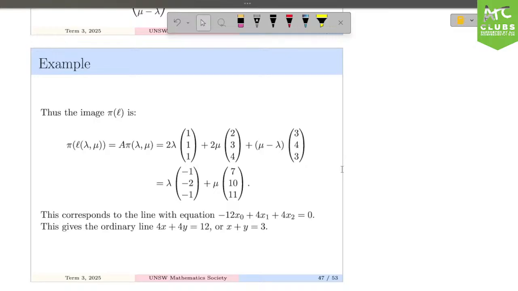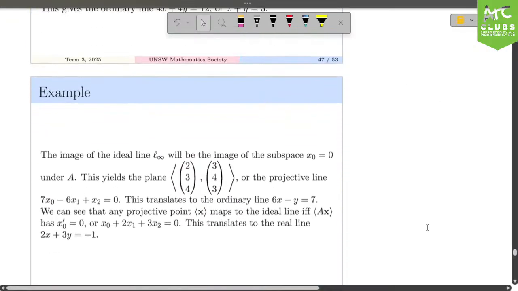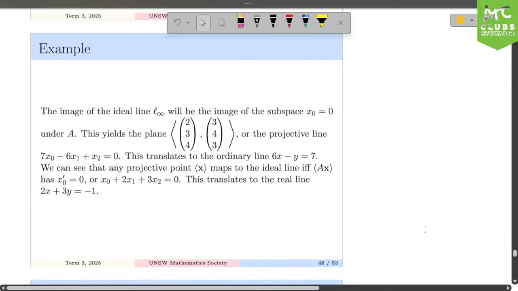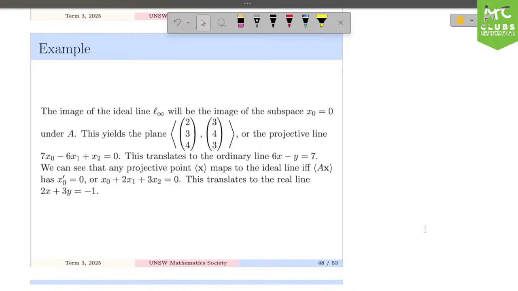Does everyone understand how we got to there? Because now we apply a similar technique to the ideal line. So we can define the ideal line as the span of any two unique points on the ideal line.